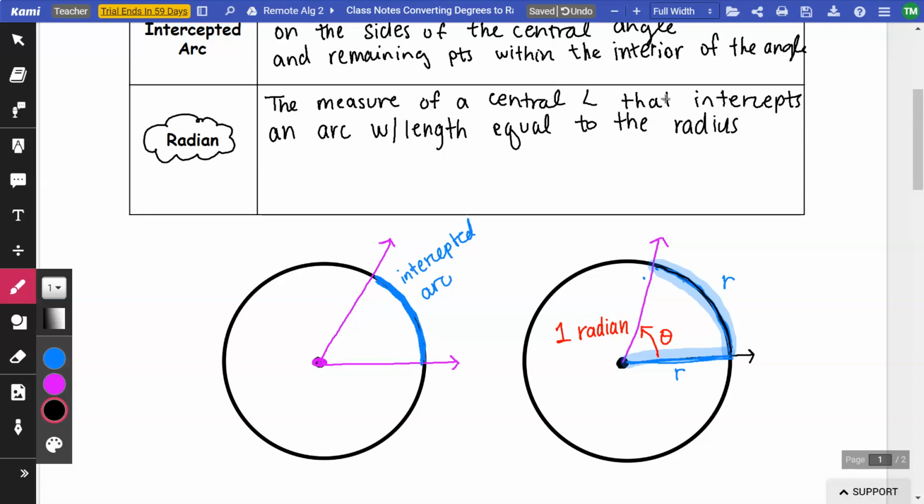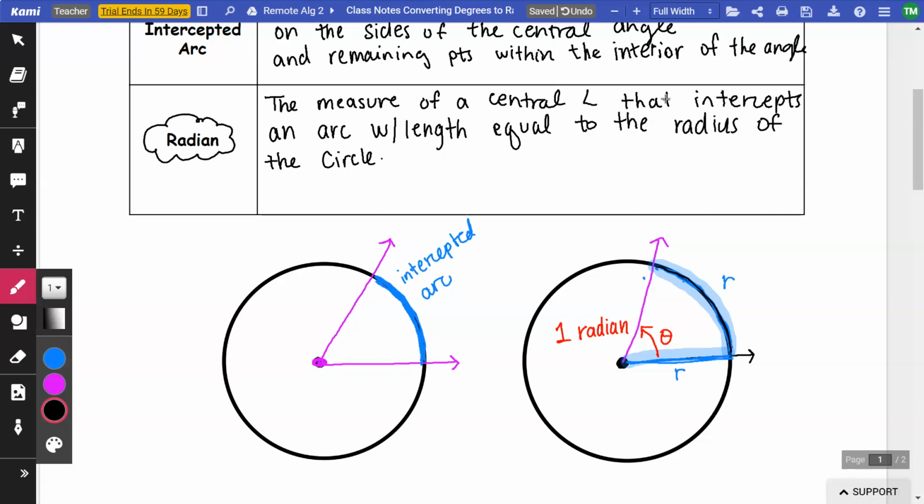So this is just like the backstory of a radian. Where do radians come from? This is where they come from. So the measure of a central angle that intercepts an arc with length equal to the radius of the circle. So radians are like degrees. They measure the amount of rotation from the initial side of an angle to the terminal side.